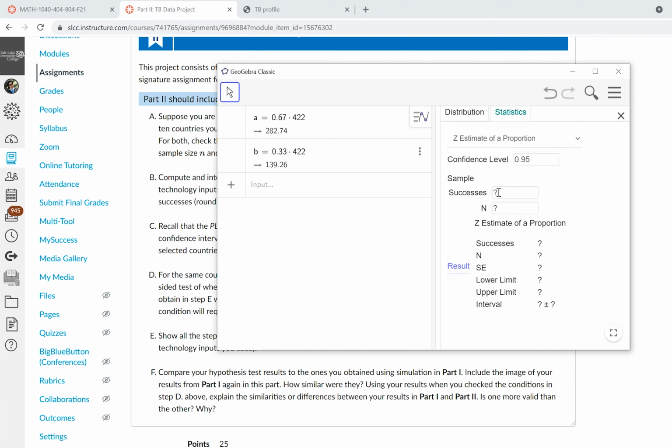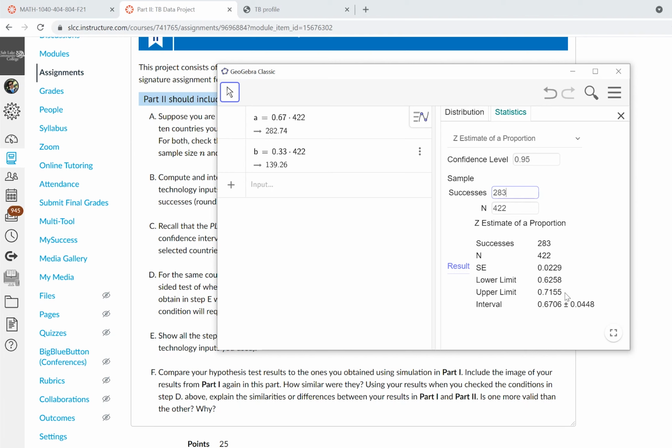And my successes out of my sample size, well, I know my sample size is 422 for Czechia. My successes we calculated over here on the right as 282.74. I will simply round that up to 283. So I had about 283 successes out of 422.